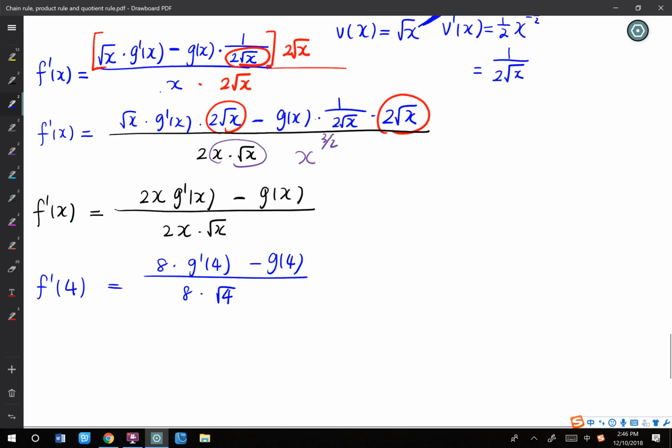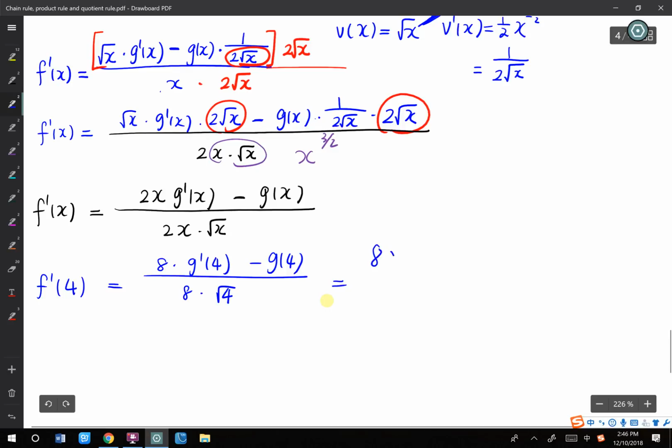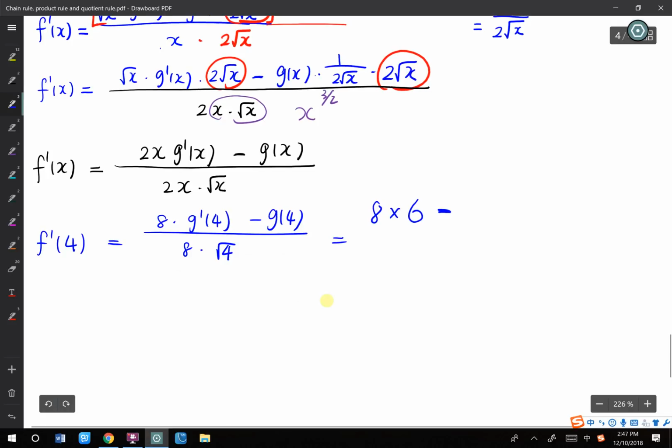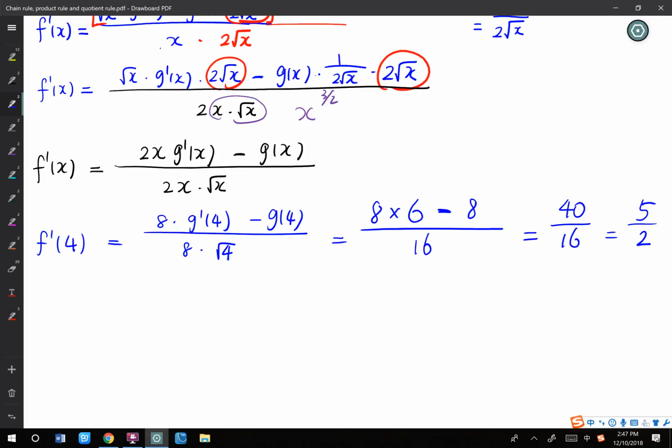G dash 4 is 6, that's 8 times 6 minus g4, g4 is 8, and that's 16, 2 times 8 is 16, 40 over 16, divide by 8, that's a 2, divide by 8, that's a 5, that's 5 over 2 for f dash 4.